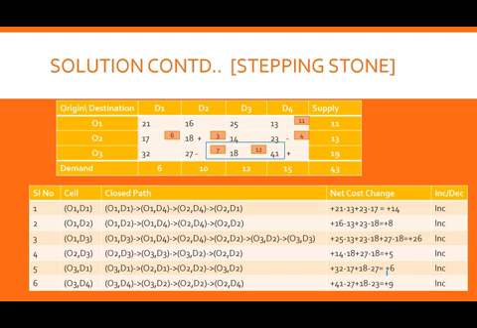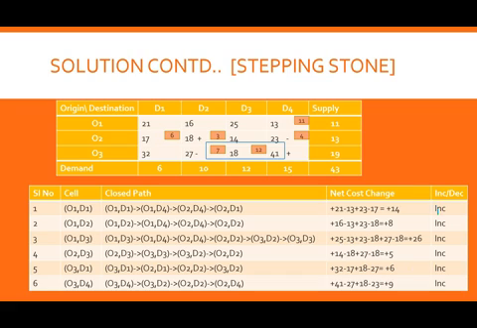Go to the next unoccupied cell, O3 D4. So the loop is O3 D4, O3 D2, O2 D2, O2 D4. So the net cost change is plus 41, minus 27, plus 18, and minus 23, which will also evaluate to plus 9, which is also an increase.